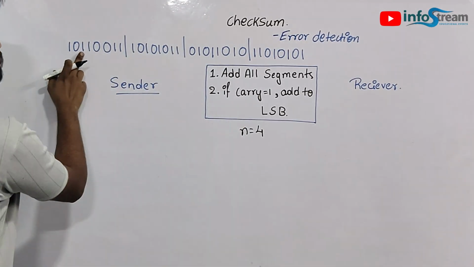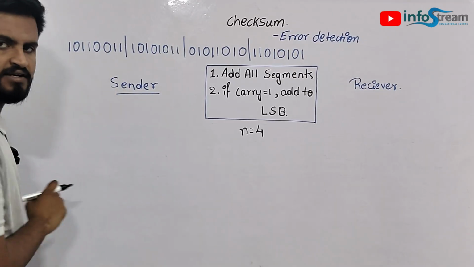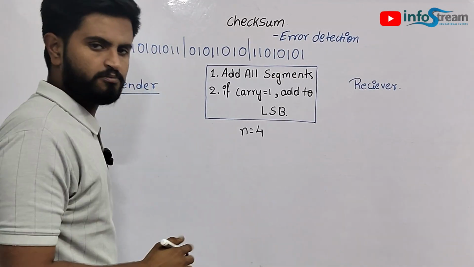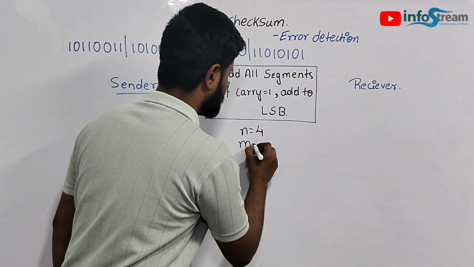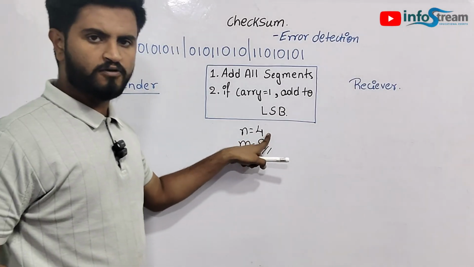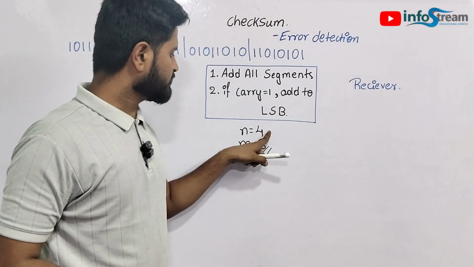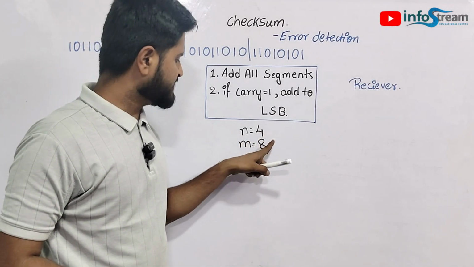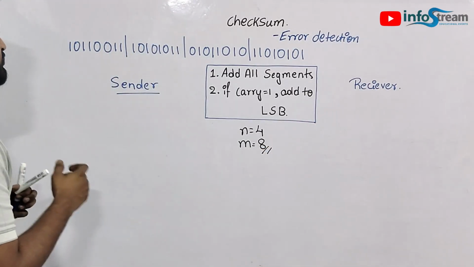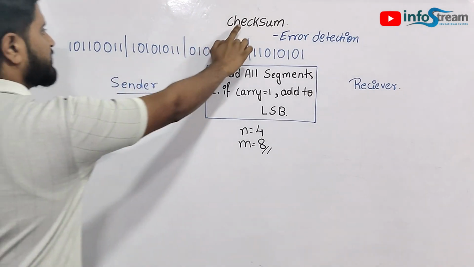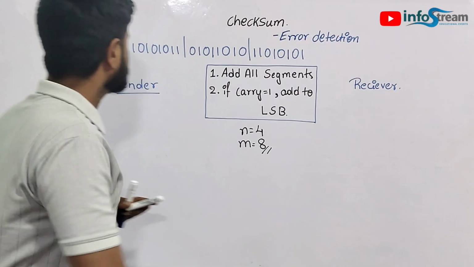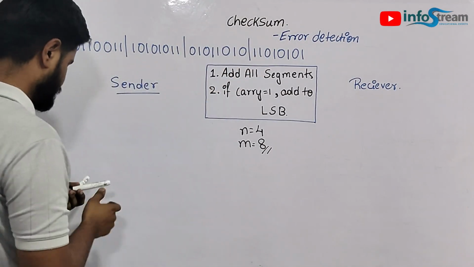So 1, 2, 3, 4, 5, 6, 7, 8 bits here. 1, 2, 3, 4, 5, 6, 7, 8 bits. So you can call it as m number of bits, that is 8. So we got 4 number of segments or frames, and 8 number of bits in every frame. Now what we must do is, as the heading only tells, checksum. So we must add each and every frame one by one.